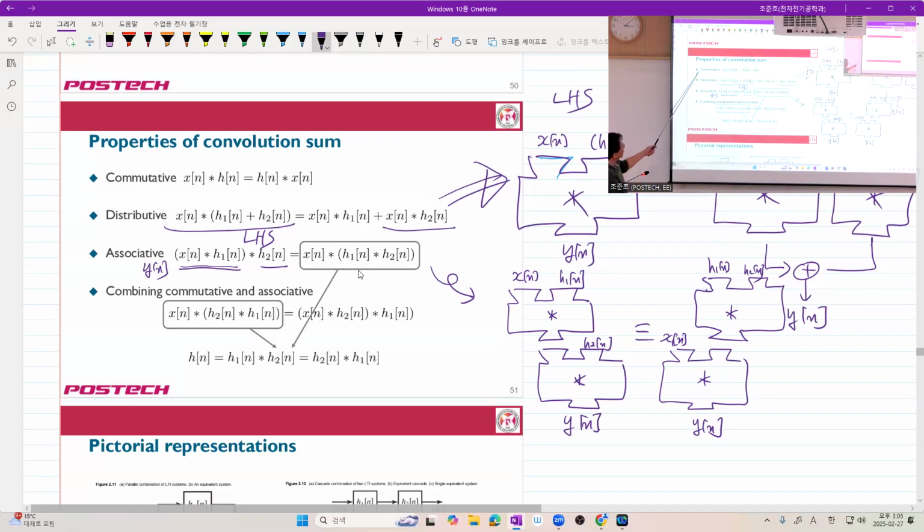By combining commutativity and associativity, you have something interesting like this. So let's think about this right-hand side. First, you change the order using commutativity. And then you group these two. See that? This is associativity. You group these two or group these two. Okay?